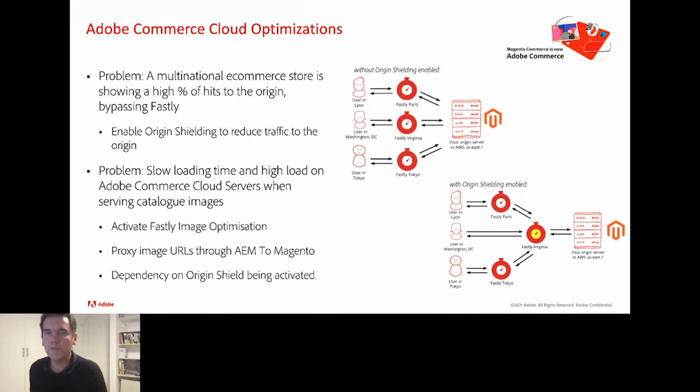To enable this, you need to proxy catalog image URLs through the AEM Dispatcher directly to Magento, and you also need to have origin shielding enabled. End user response times are improved for page load times as catalog images are transformed to a device optimized size and format at the edge location, which eliminates latency by reducing the number of requests back to the Adobe Commerce origin.